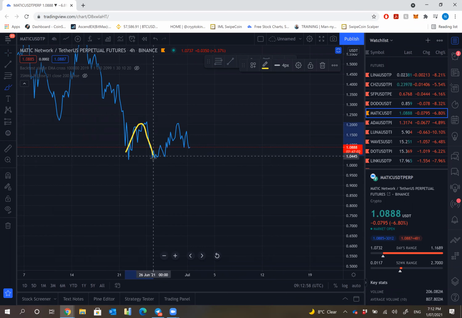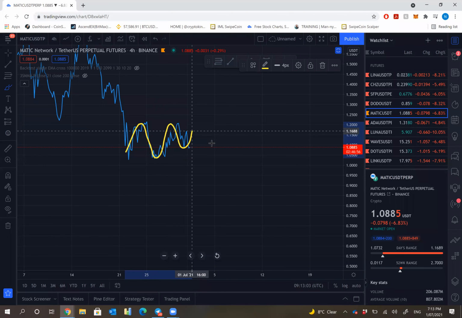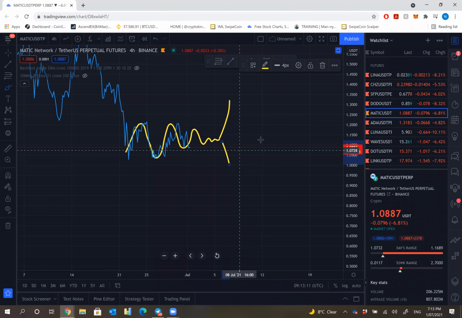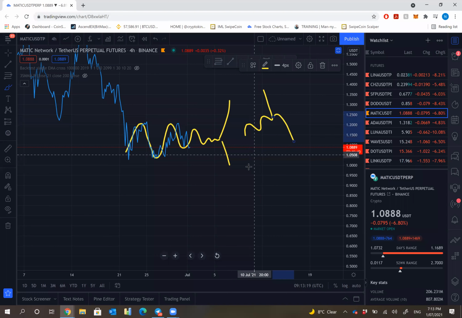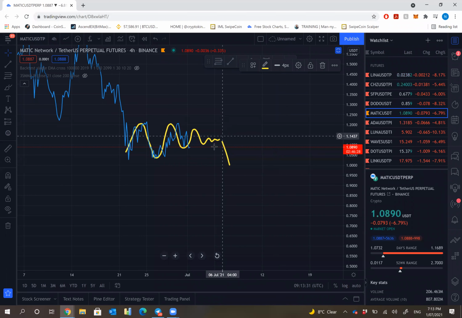Down is the sellers in power, up the buyers in power, down the sellers, up the buyers, down the sellers, and soon it gets to a wedge. And when it gets to that wedge, it breaks out either way. This wedge, and you'll find when you look at the continuation patterns that I post up, can break up or break down, or it can go downwards as well. So with continuation patterns, all it is is pressure between the buyers and the sellers, and one of them wins that tug of war.